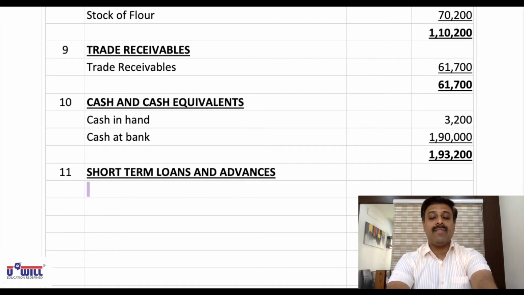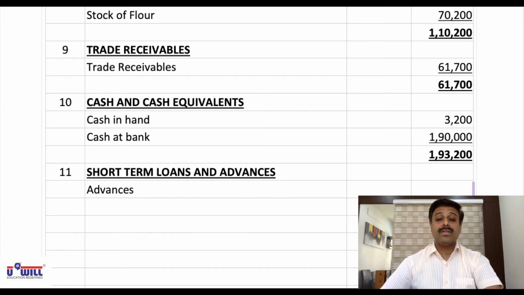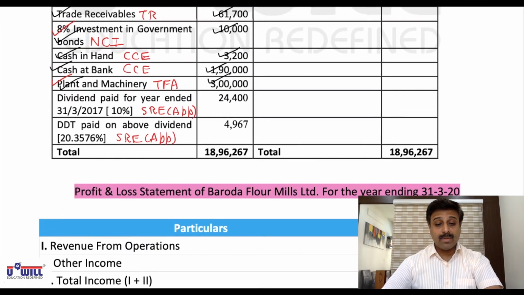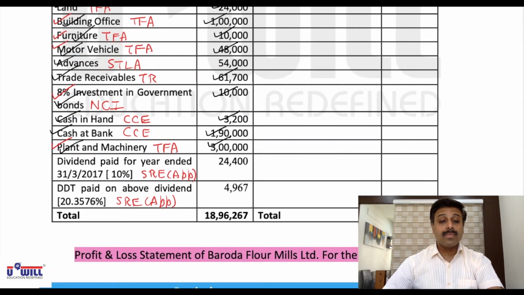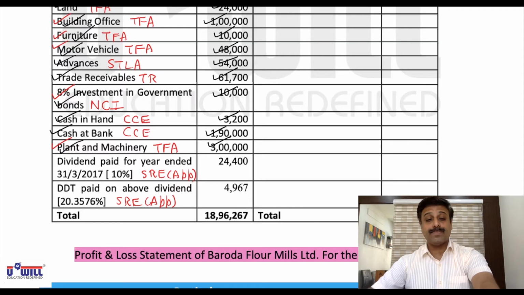In that we have advances. See in the question, short-term loans and advances, how much are advances? 54,000.